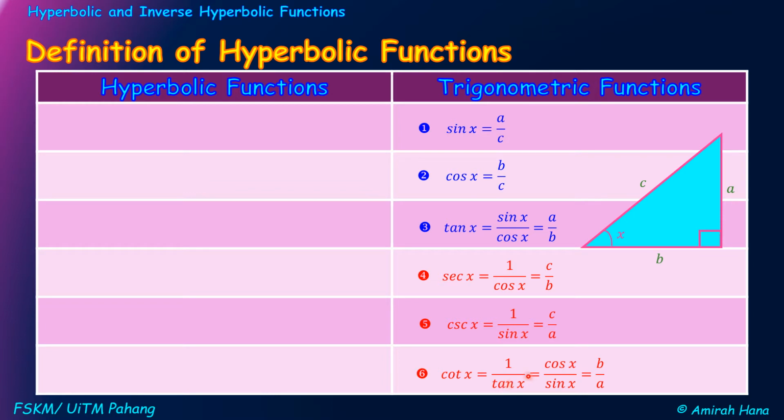Cot x equals the reciprocal function for tangent, which is 1 over tan x, or we can write cos x over sin x. Or from tangent here, we just exchange numerator and denominator, so we get B over A. This is trigonometric functions. We have 6 functions, and trigonometric functions are based on right angle triangle, based on opposite, adjacent, and hypotenuse.